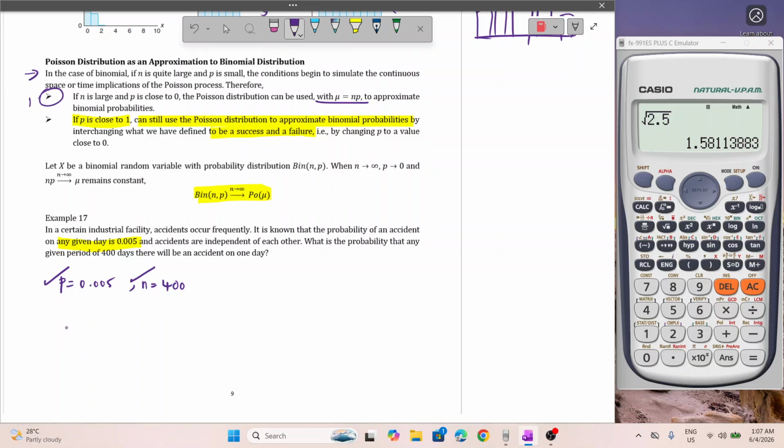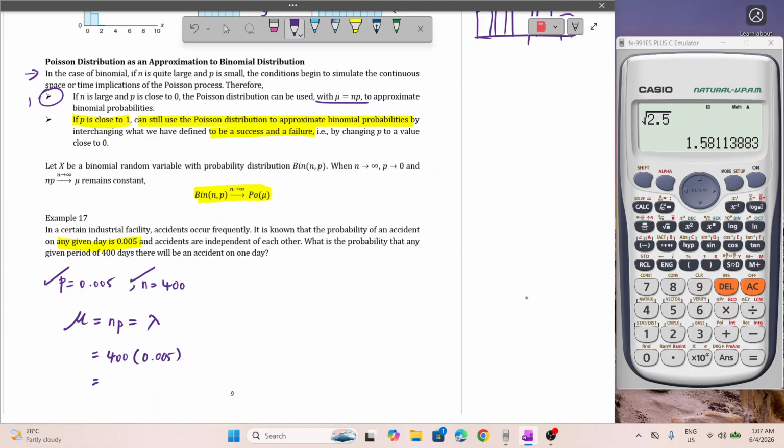This n times p is also equal to lambda. In this problem, n is 400 and p is 0.005.